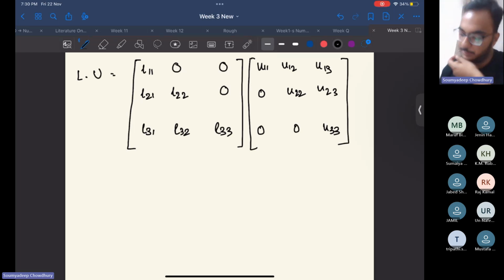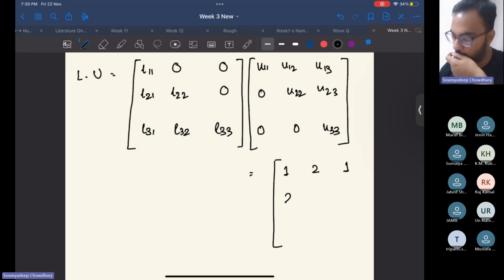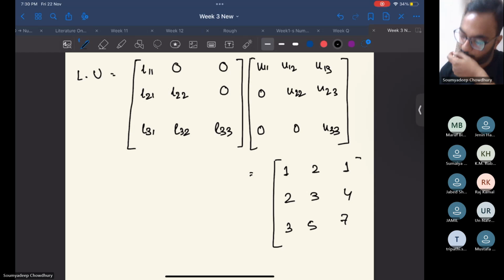So this multiplication is equal to my matrix, right? 1, 2, 1, 2, 3, 4, 3, 5, 7.